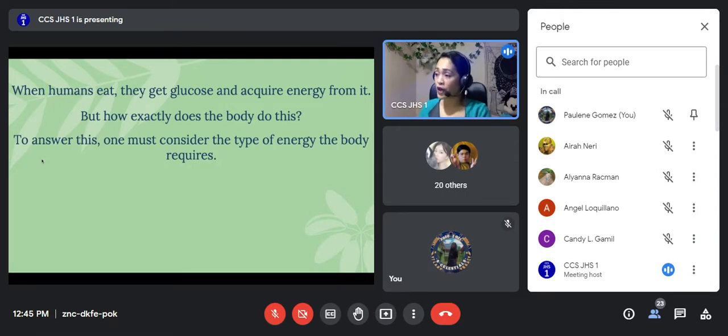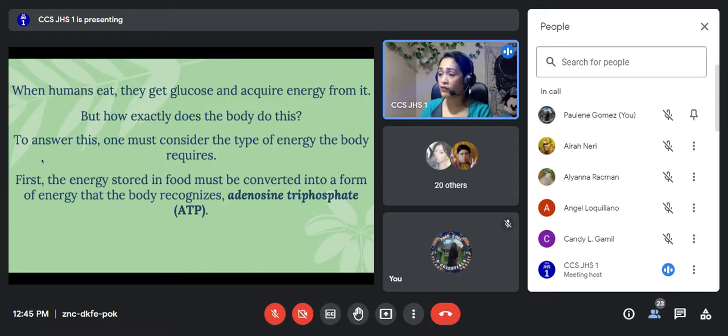However, our body is designed to recognize a very specific form of energy, and that is in the form of adenosine triphosphate. This is the form of energy that the body recognizes and can also use for its bodily functions.